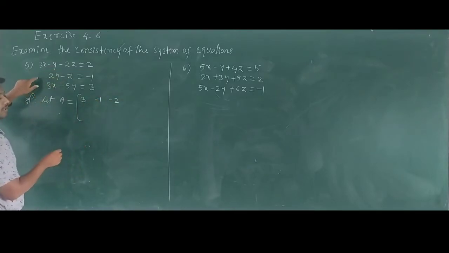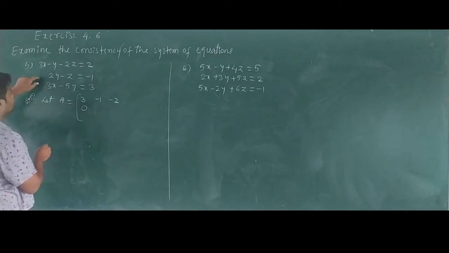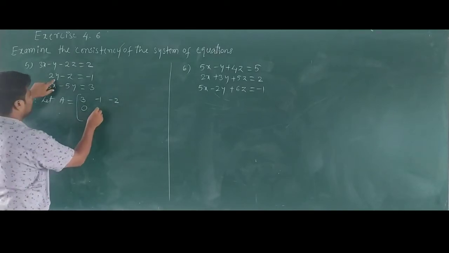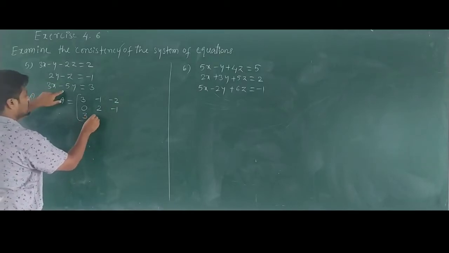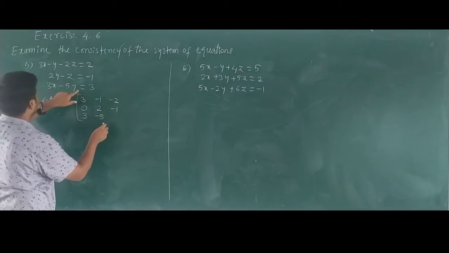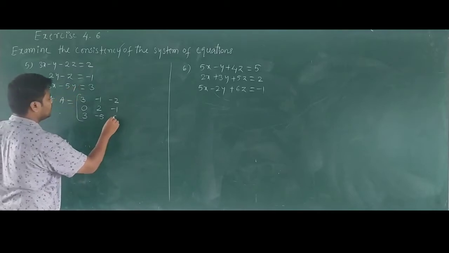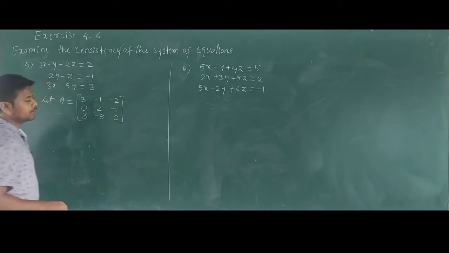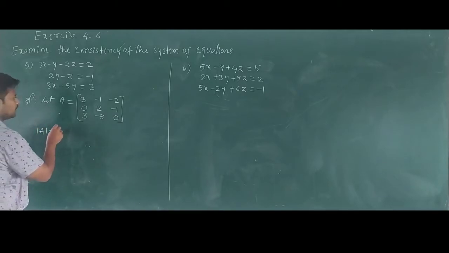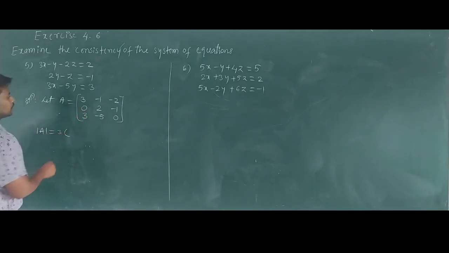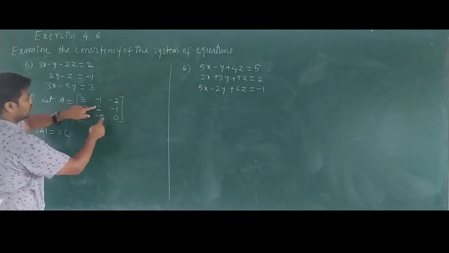In the second equation there is no x, so 0, then 2, minus 1. In the third, 3, minus 5, and there is no z, so 0. Now determinant of A equals 3 into 0.